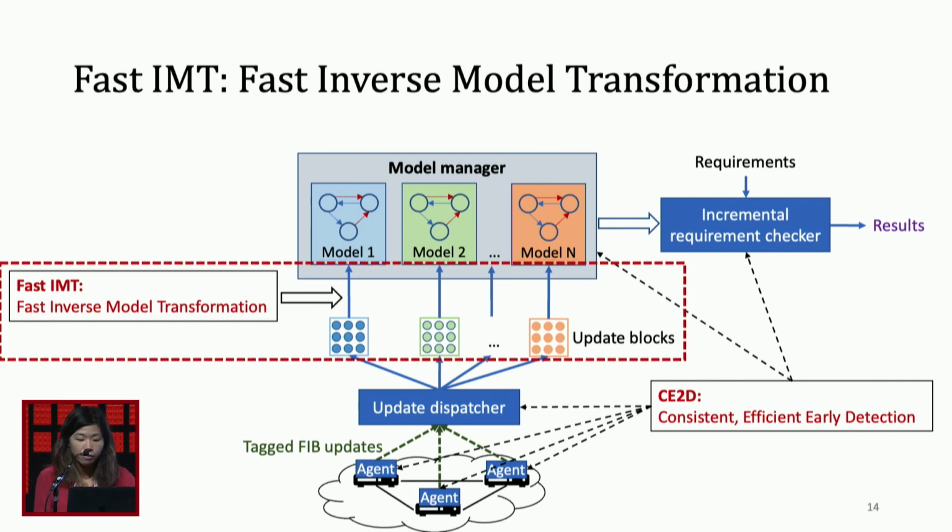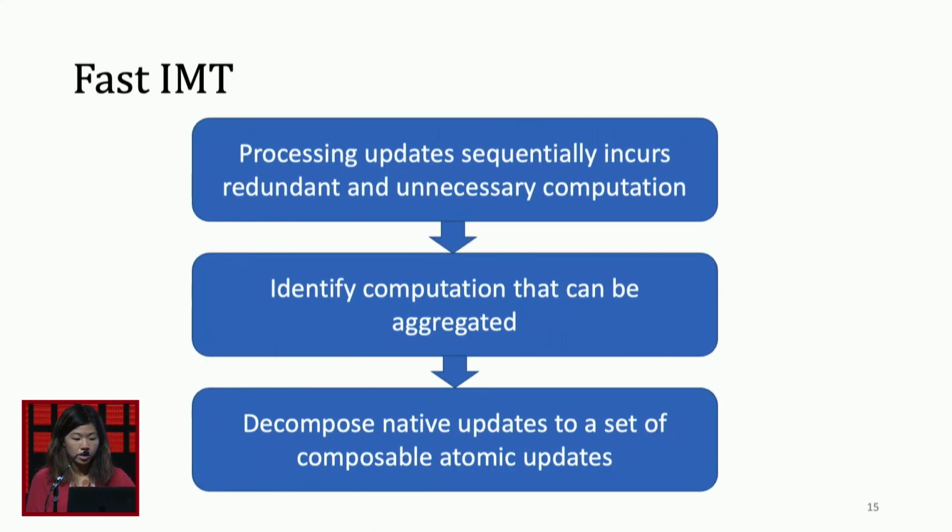So next, let me first go to Fast IMT, fast inverse model transformation. Our key observation here is that processing updates sequentially will incur redundant and unnecessary computation. So the natural idea is that we should identify the computation that can be aggregated.